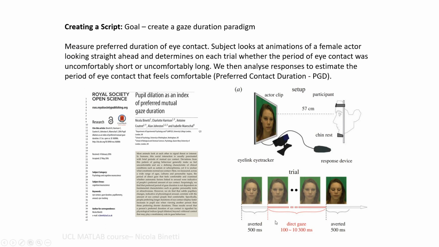But we have to keep track on every trial of what was the duration that was actually presented on that given trial, on the 5th trial, on the 10th trial, on the 20th trial. And we also have to keep track of what was the response that the subject gave at the end of that trial. This is important because obviously when we present very short durations, we expect one type of response. When we present very long durations, we might expect another type of response. So we really have to keep track of both these things.